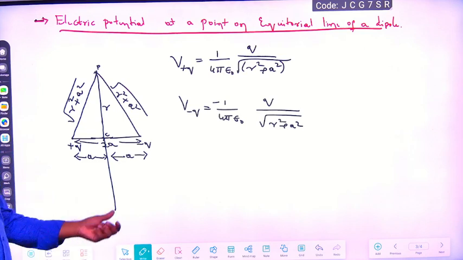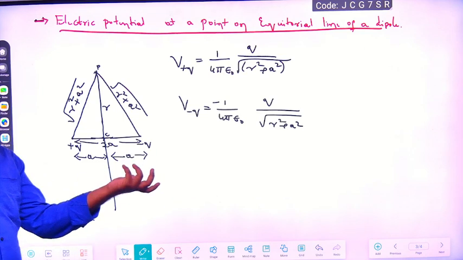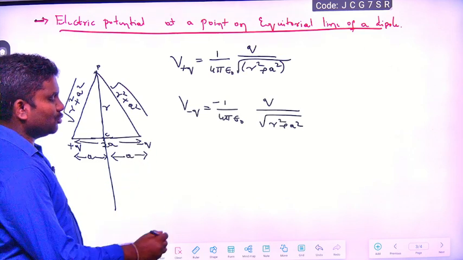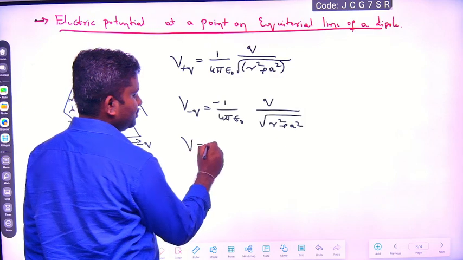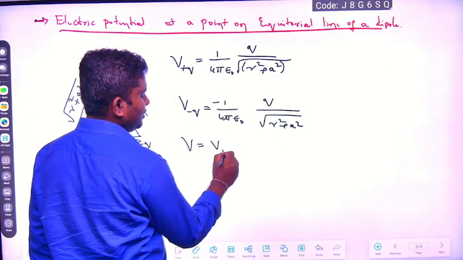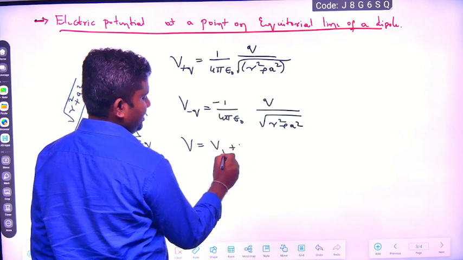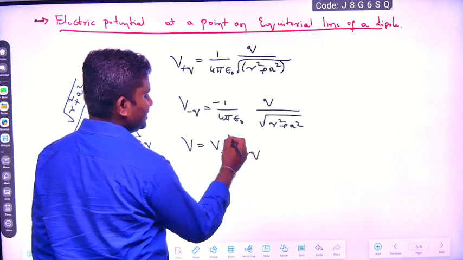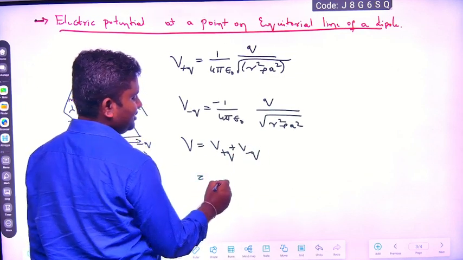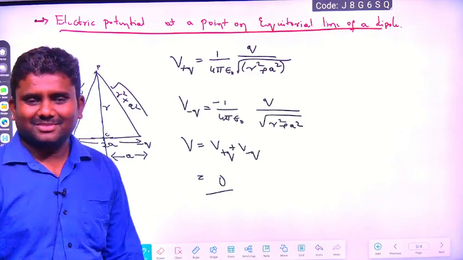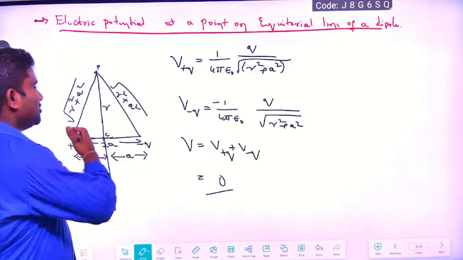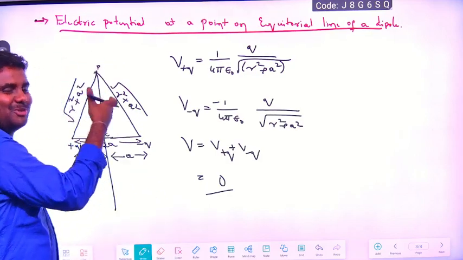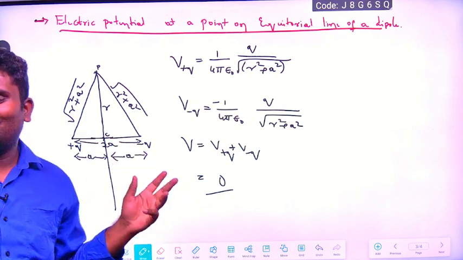Now what is the total potential? V equals V1 plus V2, or V plus Q and V minus Q. Just add both, what will you get? 0. Because the positive charge and the negative charge are at the same distance. That's why it is 0.